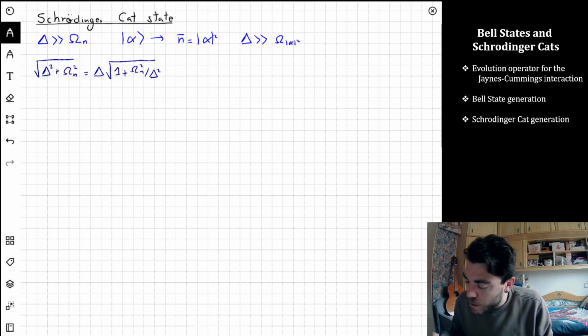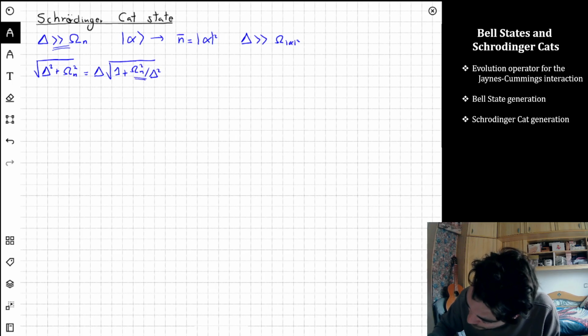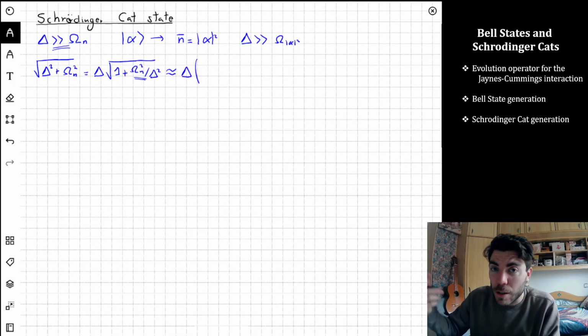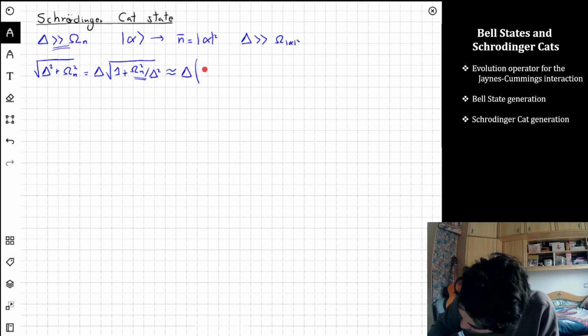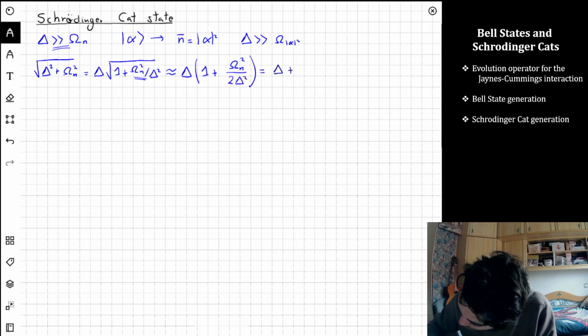And now, since this quantity is very small, if this condition is fulfilled, this is almost equal to delta that multiplies, and now we do a Taylor series expansion and take the first term, which is 1 plus 1/2 of this, so one gets 1 plus omega n squared over twice delta squared. But now we can redistribute the delta inside, so this is delta plus omega n squared over 2 delta.